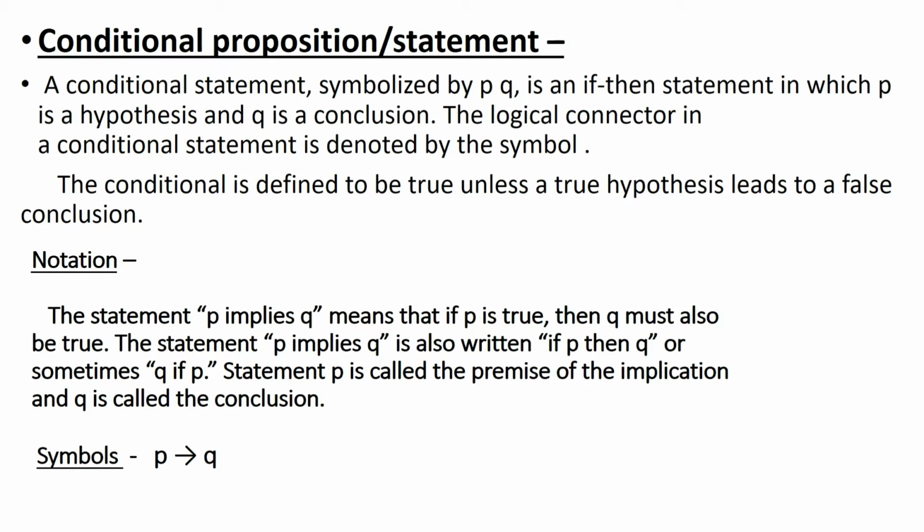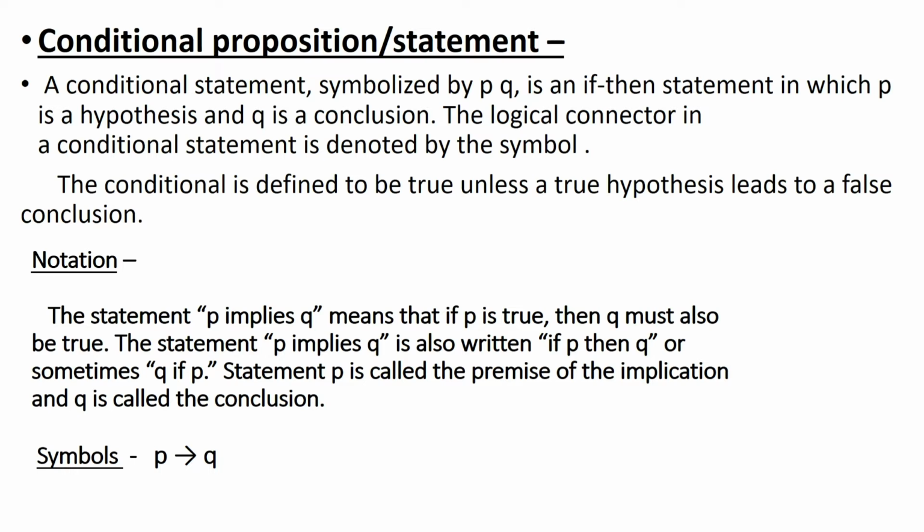Conditional proposition or statement. A conditional statement symbolized by P and Q is an if-then statement in which P is the hypothesis and Q is the conclusion. The logical connector in a conditional statement is denoted by the symbol. The conditional is defined to be true unless a true hypothesis leads to a false conclusion.